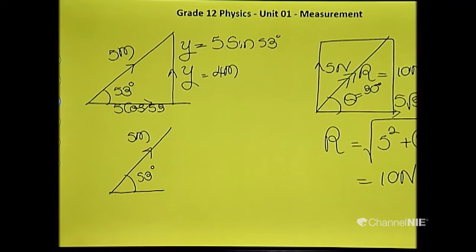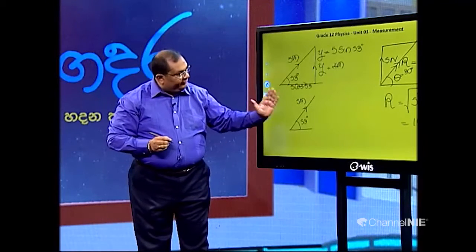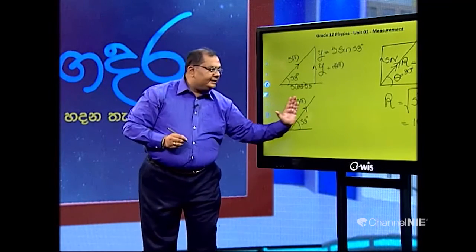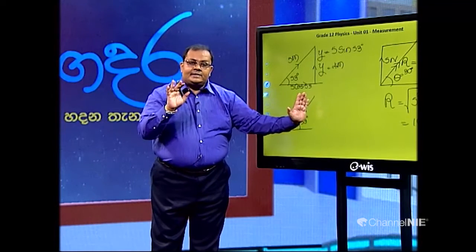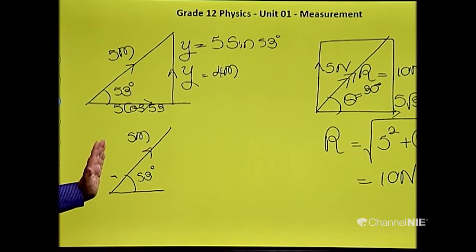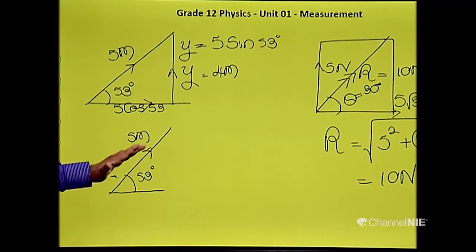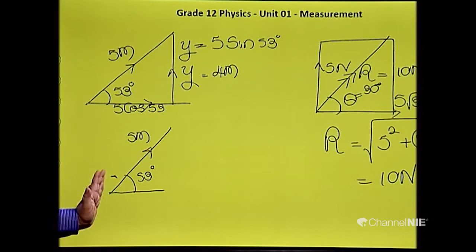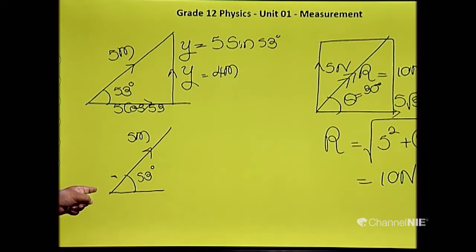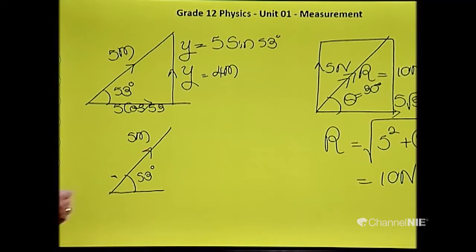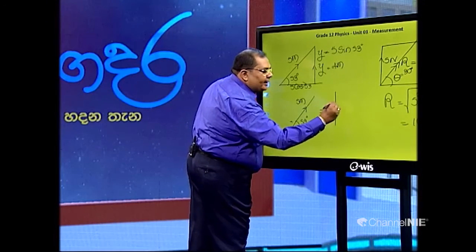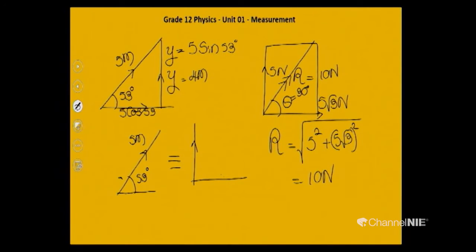Then the horizontal component, in the direction of the angle I told you, is cos, and the vertical one is sine. From here onwards you should learn to write it at the same point: 5 cos 53 here, 5 sin 53 here. Same thing you are going to write about the same point, not like a triangle. This is equal to two components, the y component and the x component.